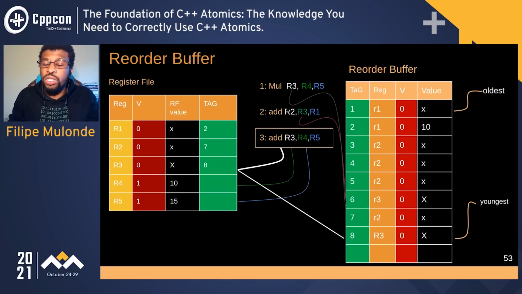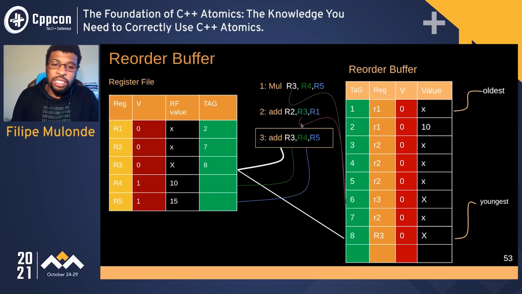What is important to note here is that we are in the presence of an output dependency. The first instruction is writing to register number 3. The second instruction is reading register number 3. And the third instruction is writing to register number 3. Without the reorder buffer, the third instruction cannot be executed before the second and the first instruction.